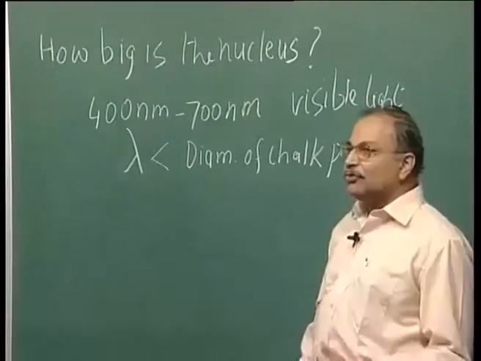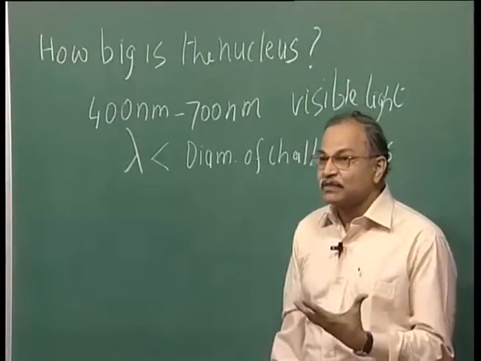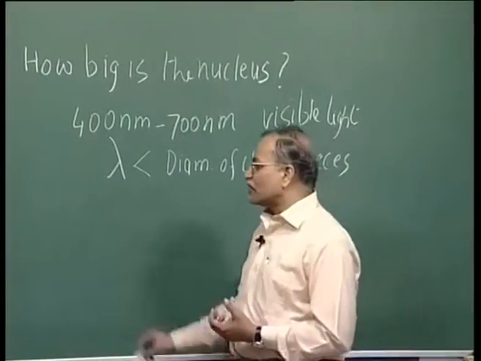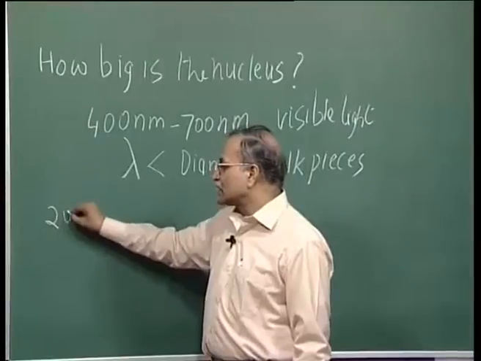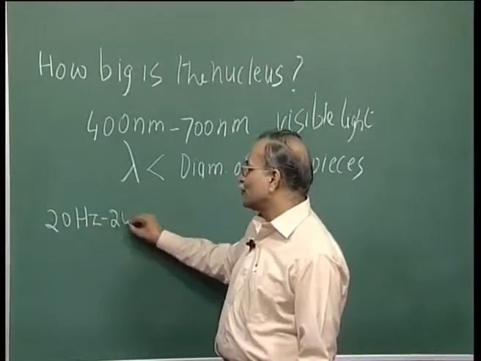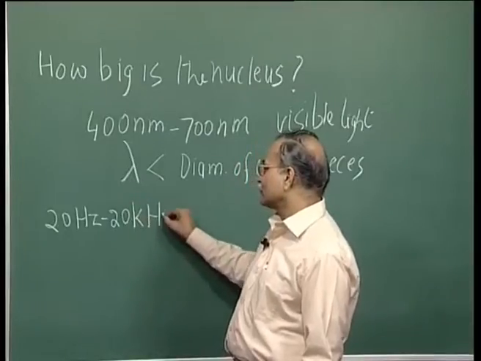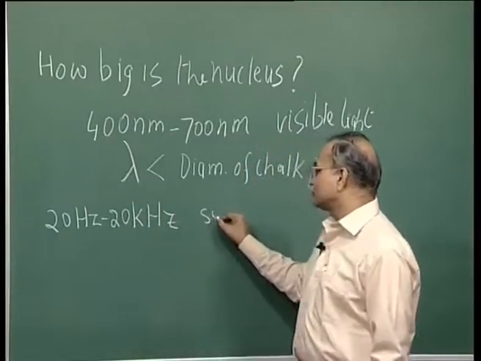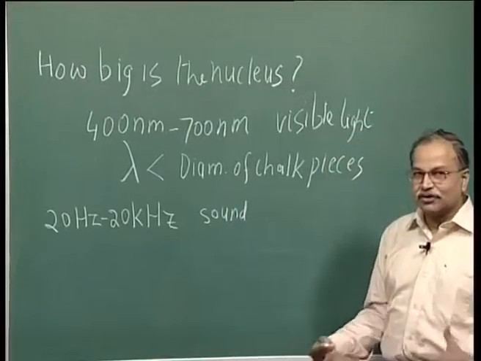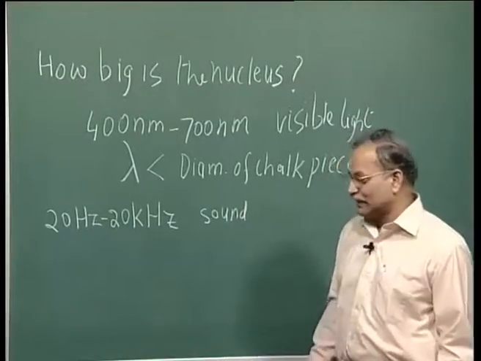Whereas if you think of sound waves, what is the frequency of audible sound? You know, it is said that the range is 20 hertz to 20 kilohertz. That is for sound waves which you can hear normally, unless you have some problem in the ears.